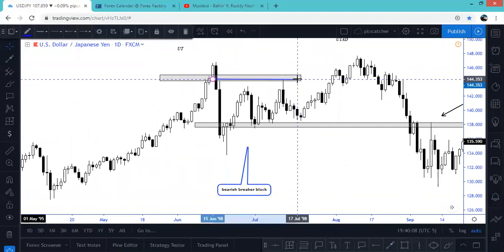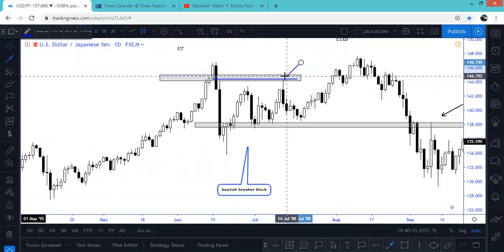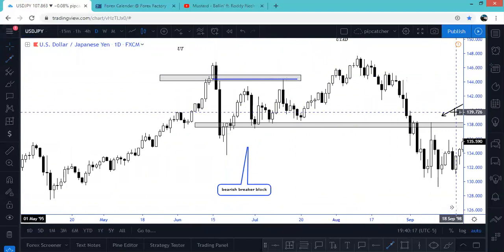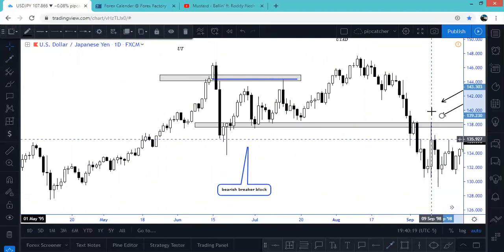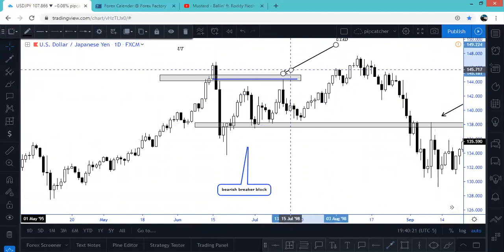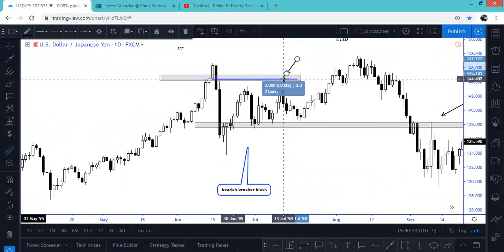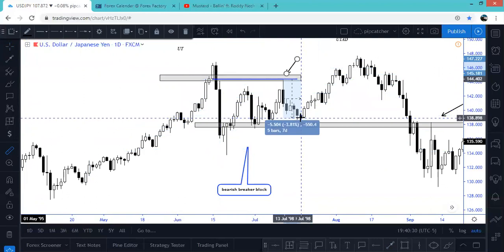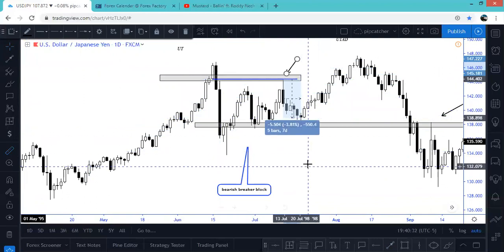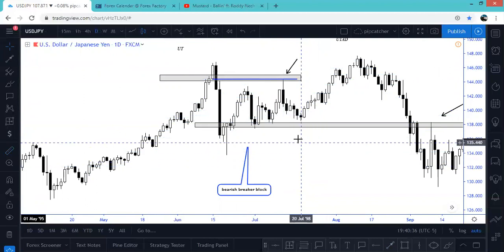If I place a line going across right there, you can see clearly we have a nice entry point right here, and that would allow us to catch around a good 550 pips. A 550 pip trade. That's an amazing trade.